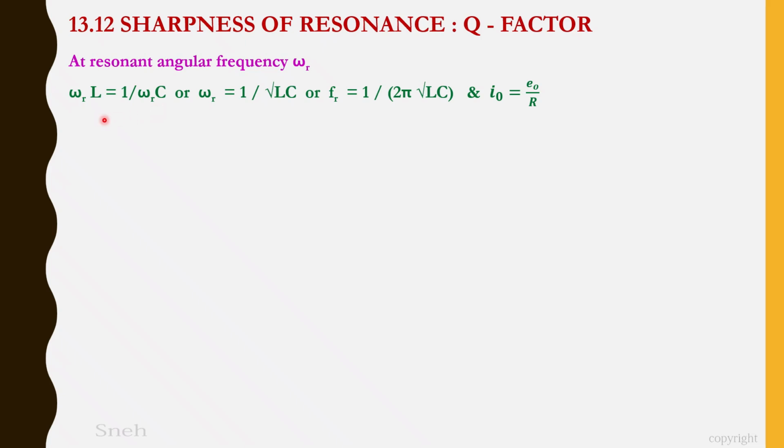If we simplify this equation, omega r is equal to 1 upon under root LC. Or as omega r is equal to 2 pi fr, fr is equal to 1 upon 2 pi under root LC. All these things we have discussed in detail in electrical resonance, in series resonance, so we are familiar with that.